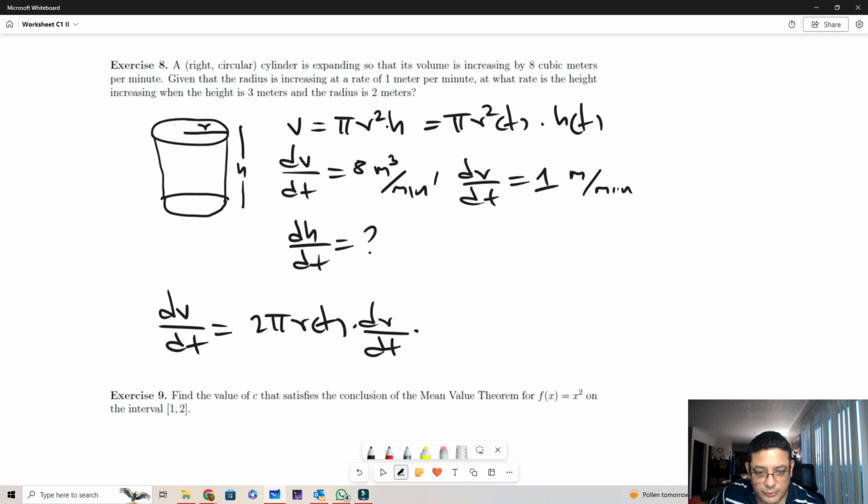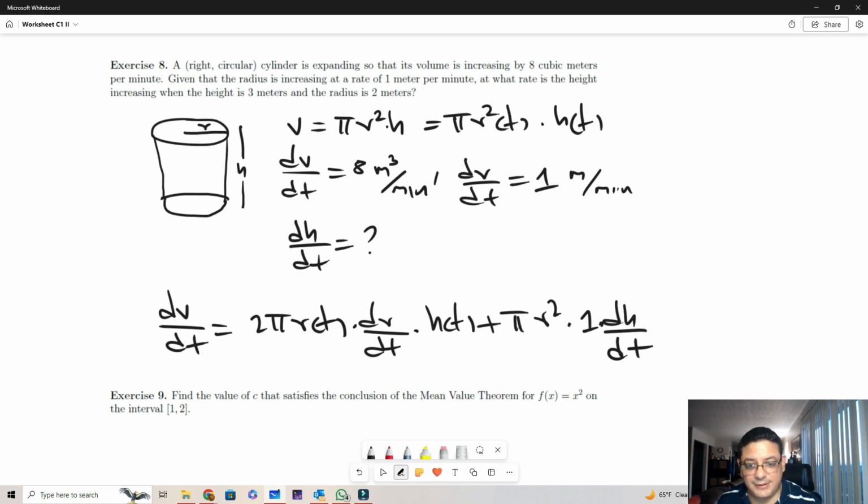And because it's a product rule, then we multiply by h without doing anything. And then plus pi r squared, since we're not taking the derivative there, times the derivative of h, which is 1 times dh/dt. Notice that we're doing some implicit differentiation there. Okay? We remember that h depends on t.